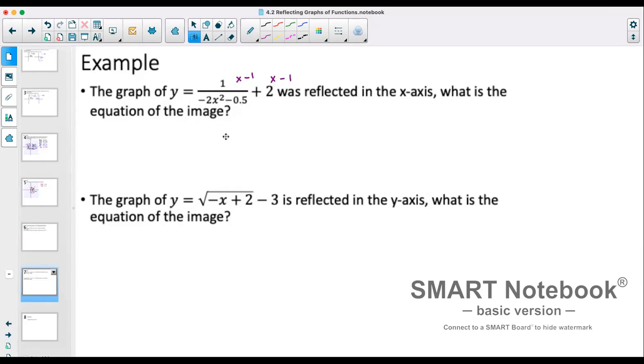So when I multiply this one by -1, I have the choice of putting the negative in the numerator, or because both of these were negative down here, I could multiply each of these by the -1. So that's what I'm going to do. So this becomes y equals 1 over 2x squared plus 0.5, and then multiply this 2 by -1, so -2.